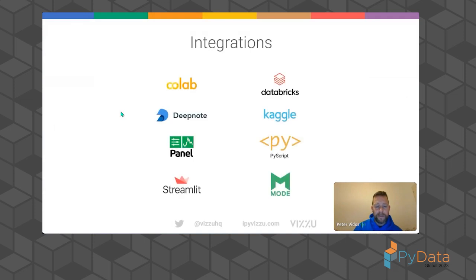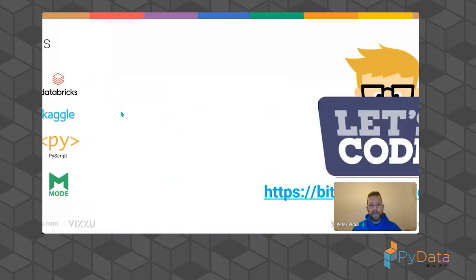And we have a ton of integrations for different notebooks and other types of tools. And today we're going to focus on the Streamlit integration, which is, I think, the most enhanced, and that's due to Zachary's work, who actually built this integration between these two tools.